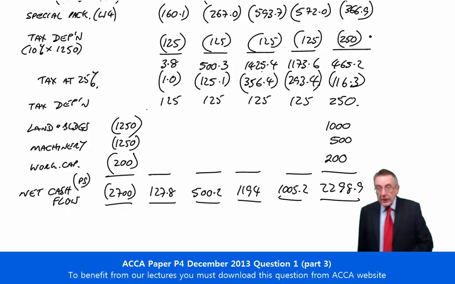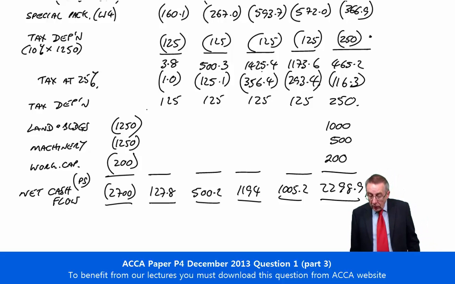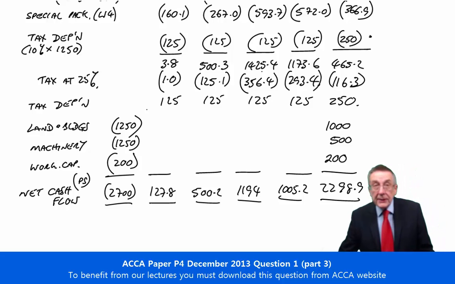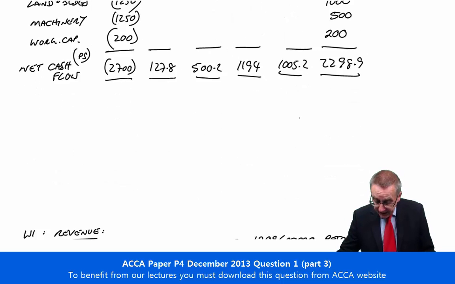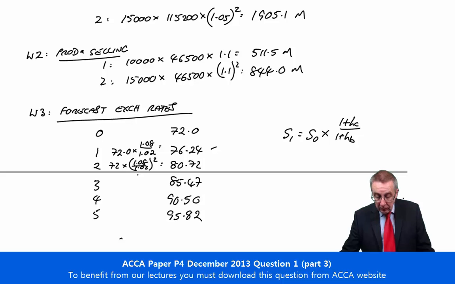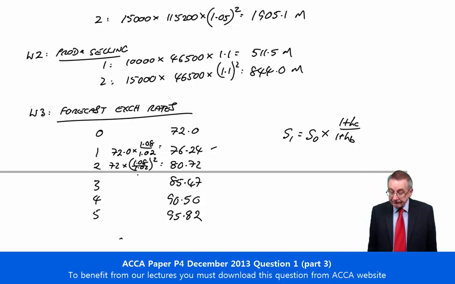So all of those peso cash flows will go to Chamorro, but we need to convert them to dollars. And of course, no problem there, because we worked out earlier what the exchange rates were.